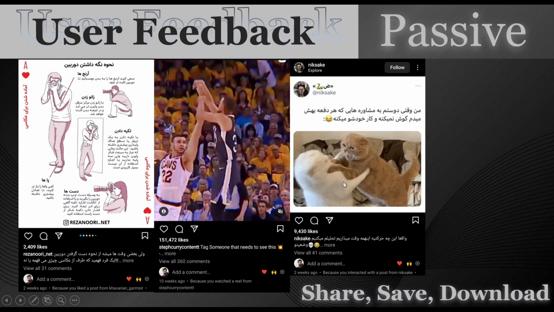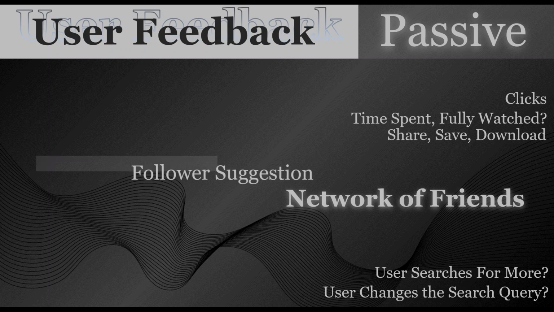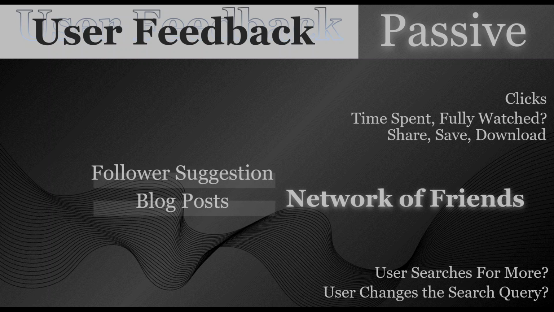By interacting with that account, we can get suggestions from other accounts like this slide. The next item is network of friends. This is used in follower suggestion. For example, in Instagram, they can check the network of our friends, see the friends of our friends, and suggest more accounts for us to follow.